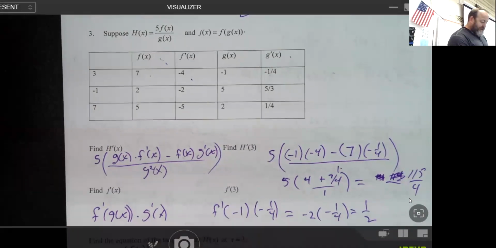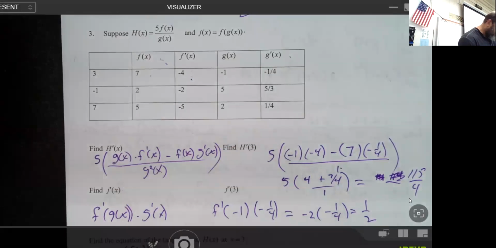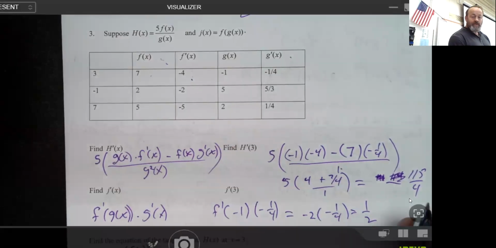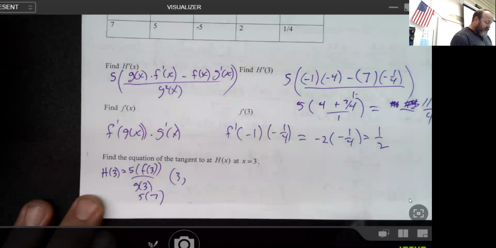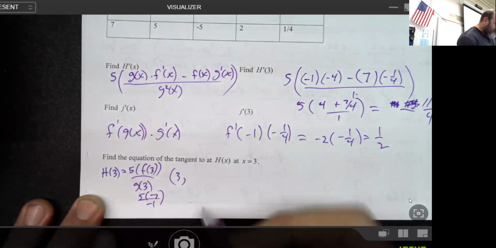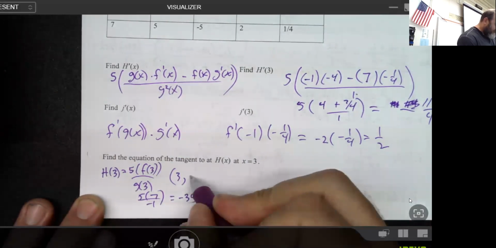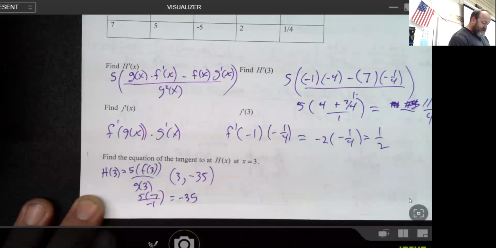So f of 3 was 7, and g of 3 was -1. So I got -35. So when I plugged 3 into the curve, I got -35 out.